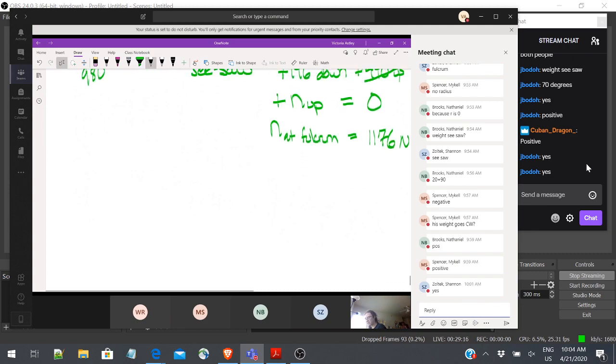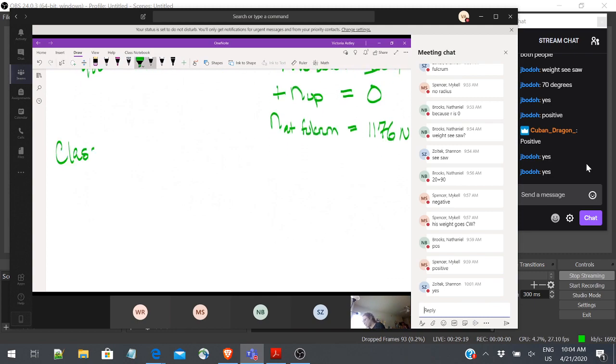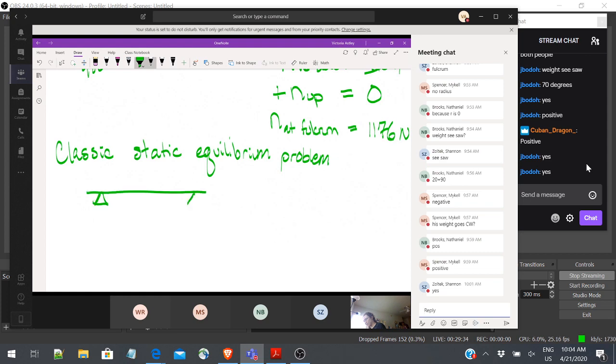Okay, so this is sort of the classic static equilibrium problem, like people standing on some structure that has some supports, and you might have to find where this person is standing, or you might have to find the normal force in each support.